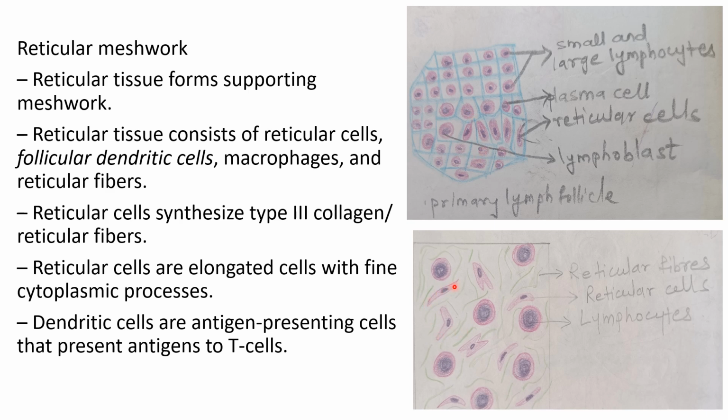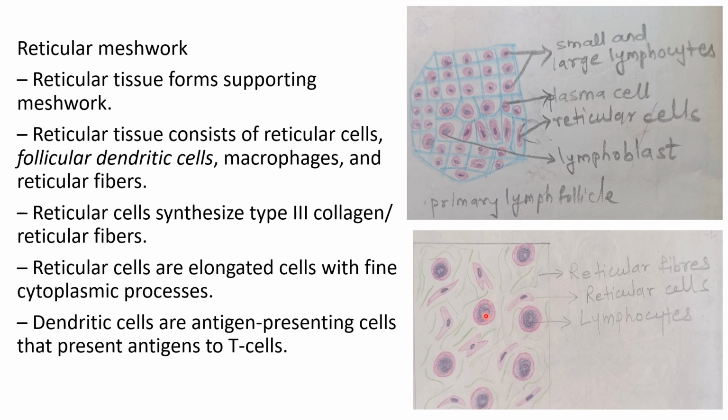So these are all reticular cells, and these are reticular fibers. These are forming the supportive framework, or the connective tissue framework, for the lymph node, and within this framework there are spaces, interstices, which are filled with the lymphocytes.